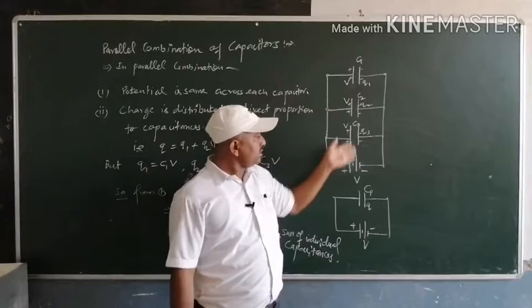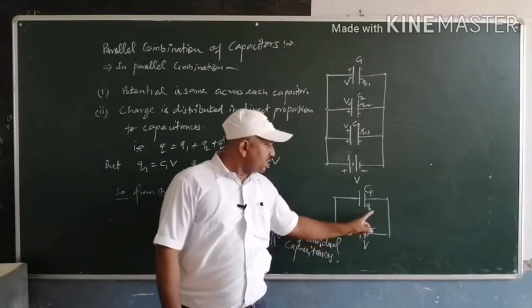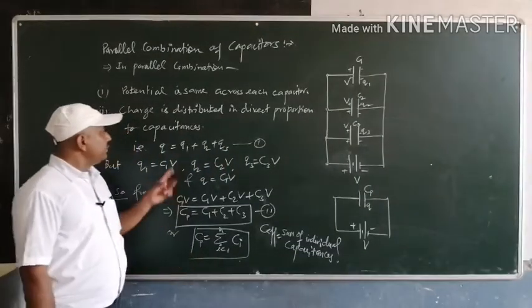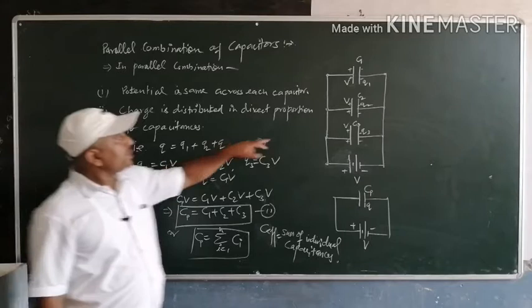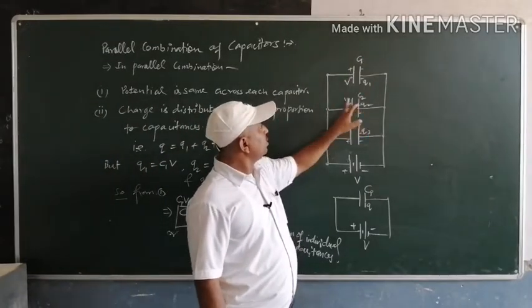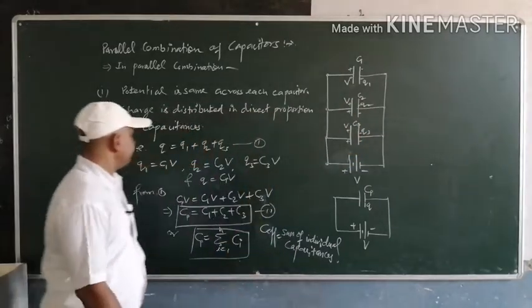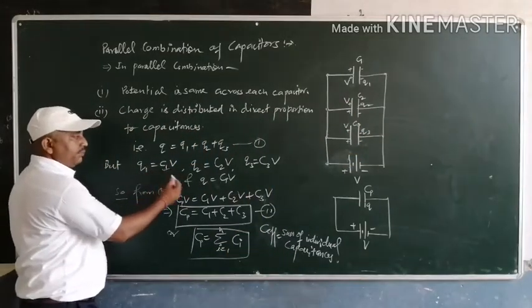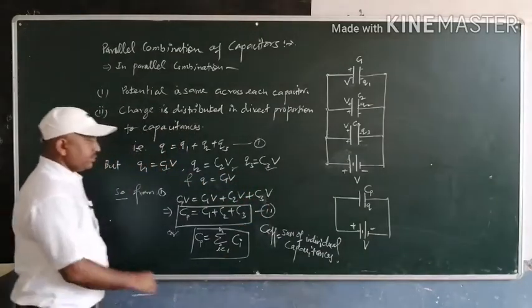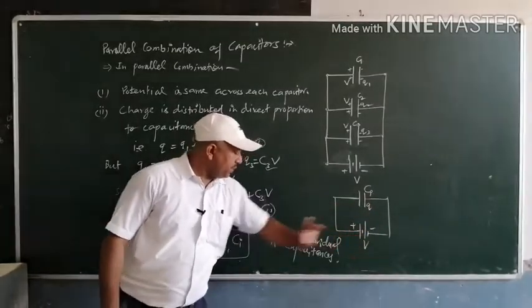So in this case we can write Q equals Cp multiplied by V, and Q1 equals C1V, Q2 equals C2V, and Q3 equals C3V.